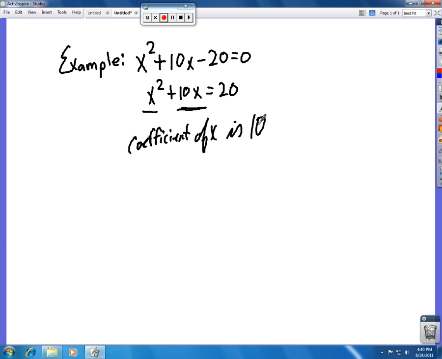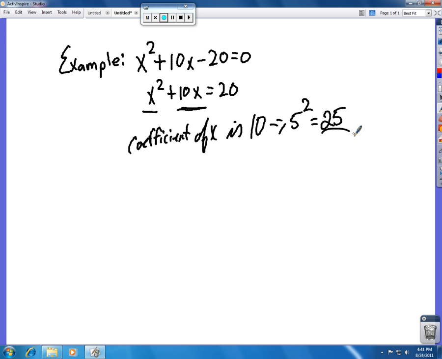It's that constant being multiplied by x. So it says to square half of that. Half of 10 is 5, and it wants us to square it. So 5 squared, 5 times 5, is 25.